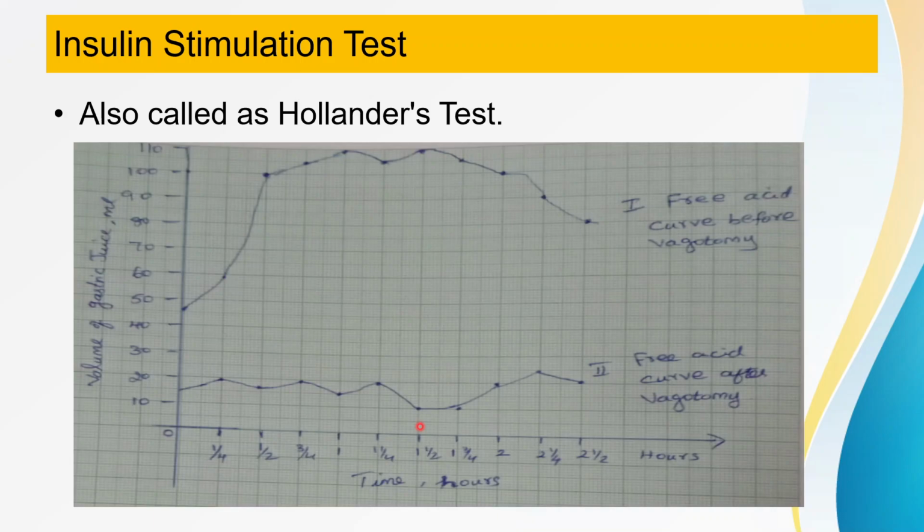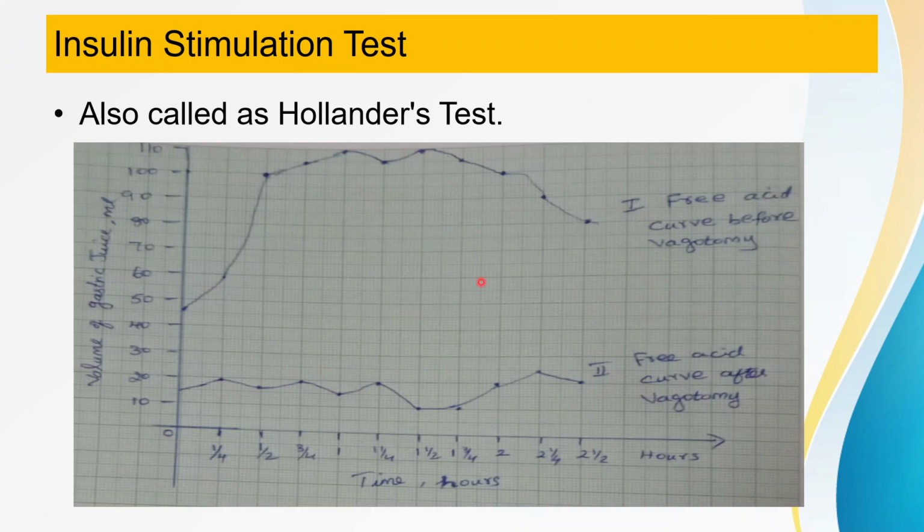If the patient has duodenal ulcer, he will have a maximum secretion of more than 100 to 110 milliequivalents per liter of acid secretion. If vagotomy is performed correctly, the level of acid secretion will be reduced.